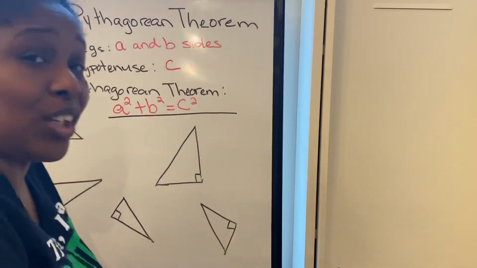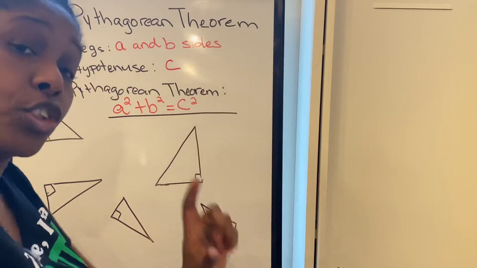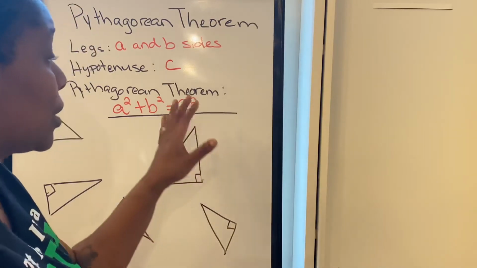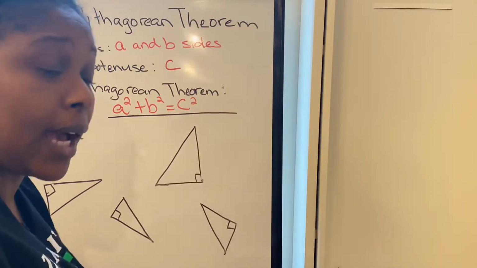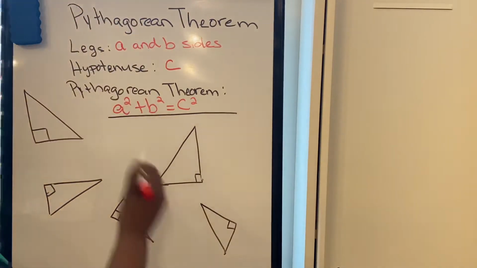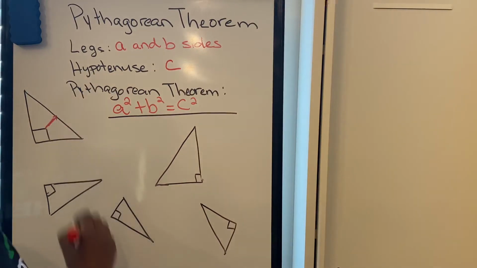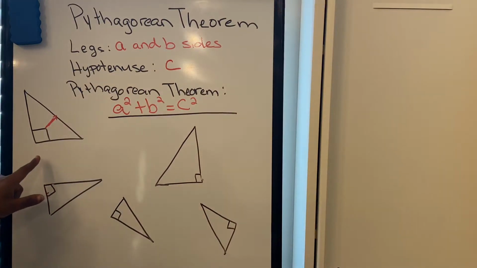But C is our longest side. So you have your A and you have your B sides. Those are your shorter sides. Your C side is always your longest side, but the C is also directly across from what? My 90-degree angle. Can you see that?